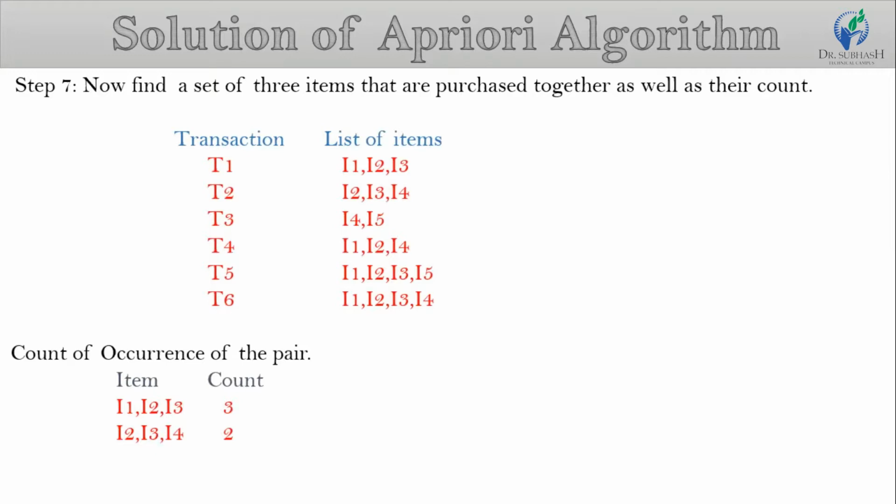So its count is 2. Now see, the item set I2, I3, I4 count is less than the minimum support, so we can delete that item set. So our final answer is that the frequent item set is I1, I2, I3.